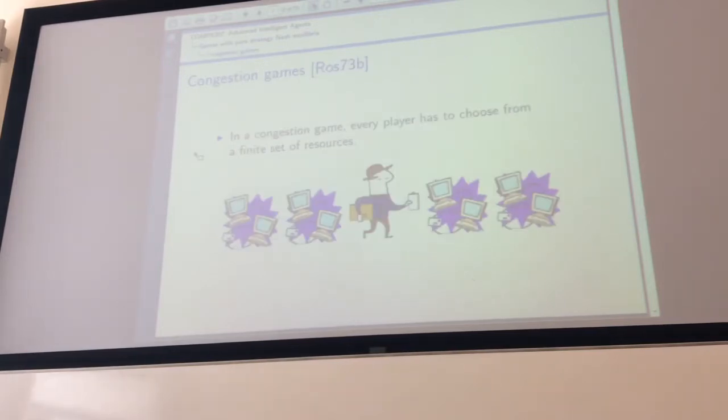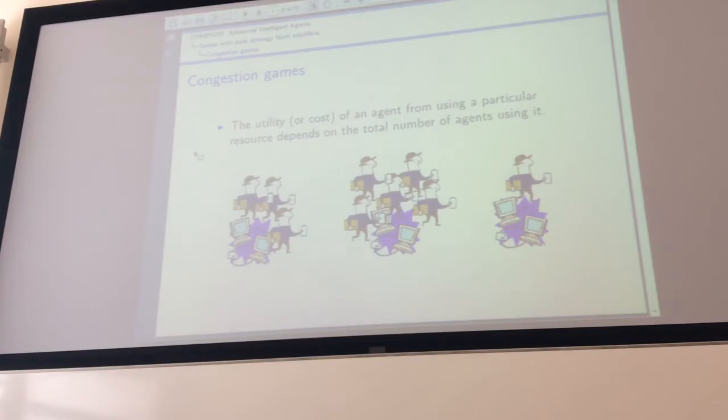So what is the setting? We have a set of players, and each one of them has to choose from some finite set of resources that they will share between them. So a player chooses some subset from a given set of resources. Then the utility or cost, once again depending on the context of the game, from each resource that our agent uses would depend on the total congestion on that resource.